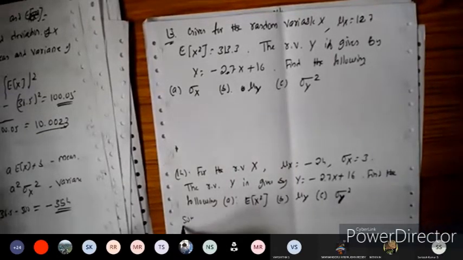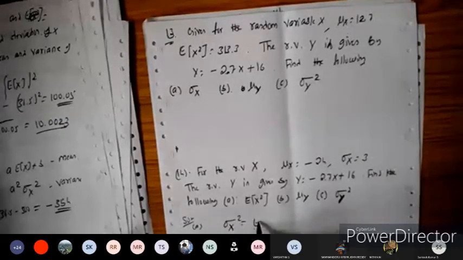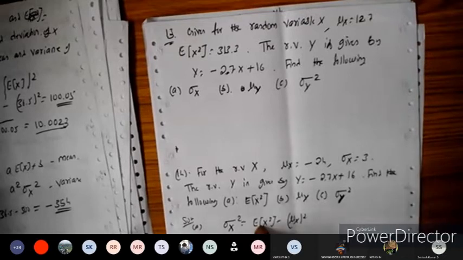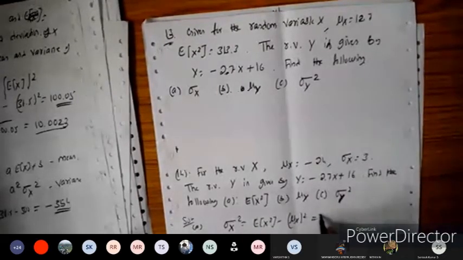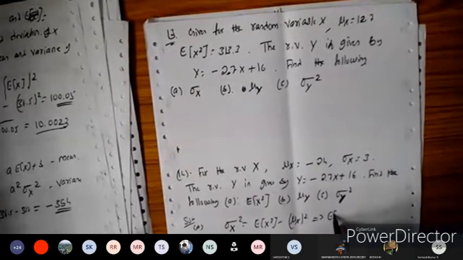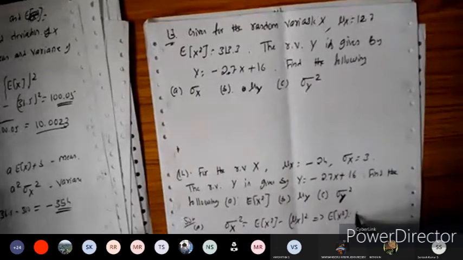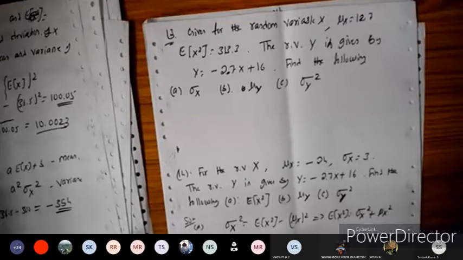Solution for the first one I will do here. Sigma x square is the expected value of x square minus the mean square value, mu x whole square. So expected value of x square is equal to sigma x square plus mu x square.